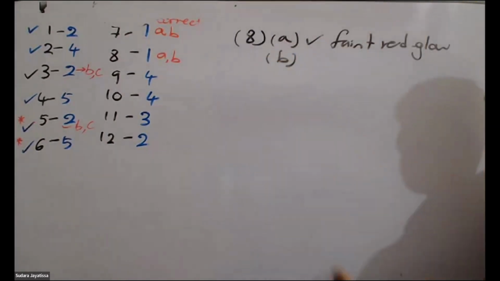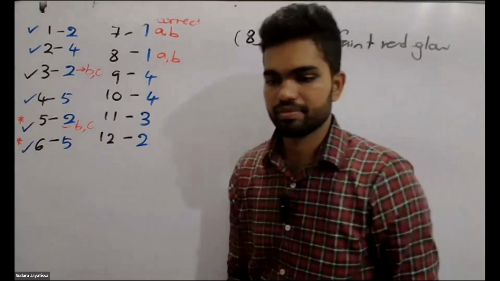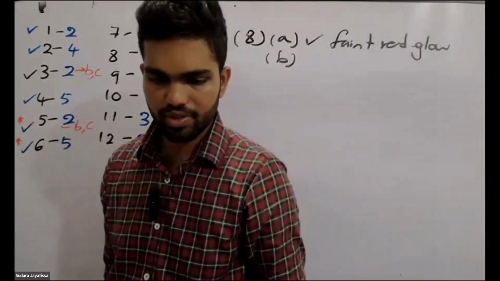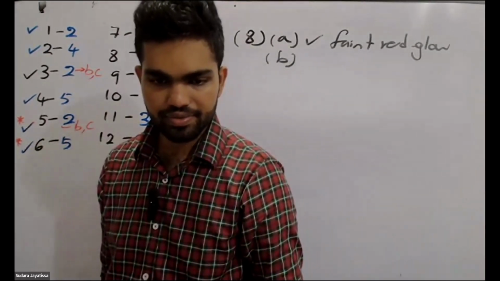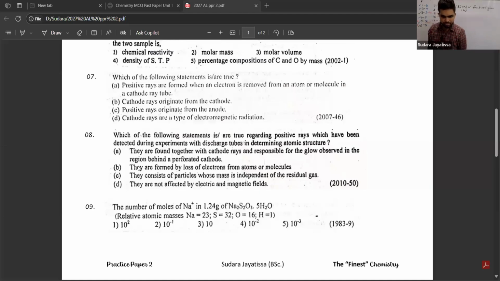And what about B? Okay, very good. You have given the answers. In B, they are formed by loss of electrons from atoms or molecules. That is true. We discussed already about the generation of positive rays.